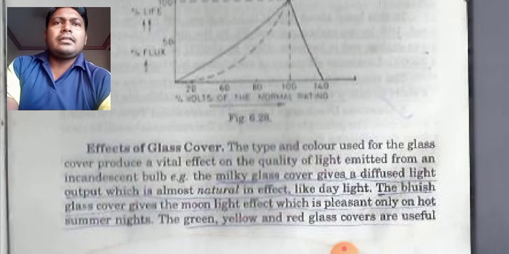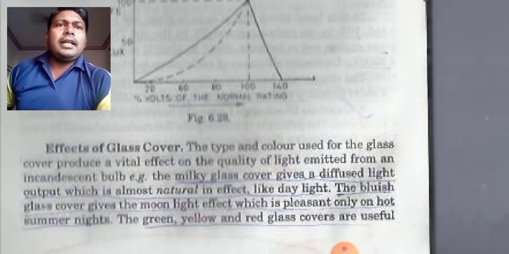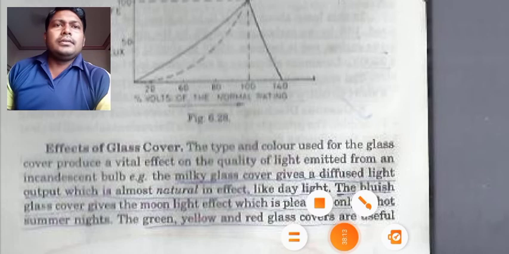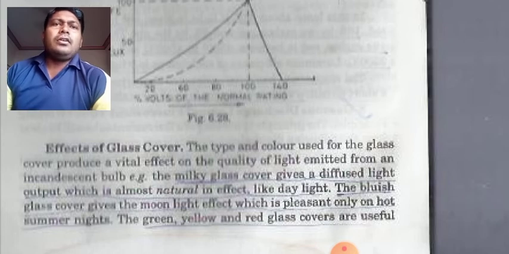Now, effects of glass cover. The type and color used for the glass cover produce a vital effect on the quality of the light emitted from an incandescent bulb. That is, a milky glass cover gives a diffuse light output which is almost natural in effect, like daylight.